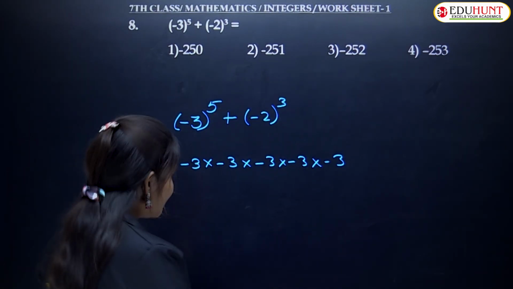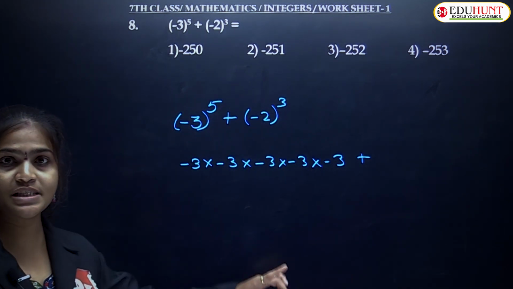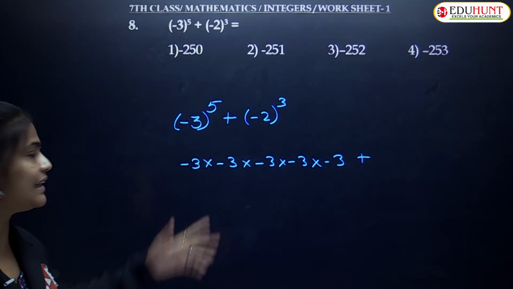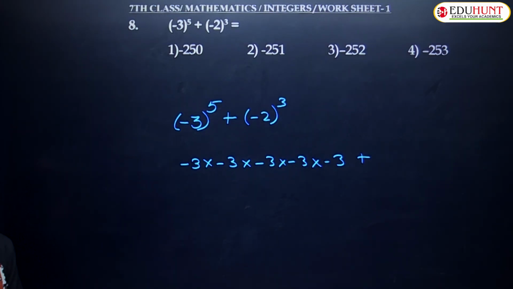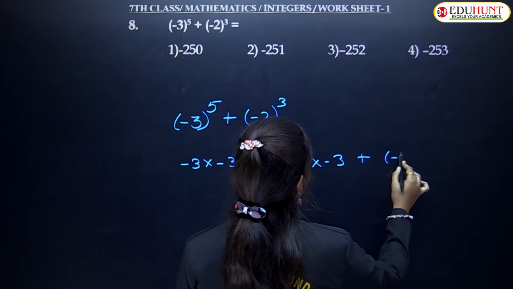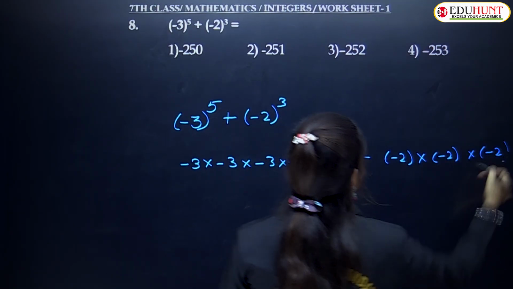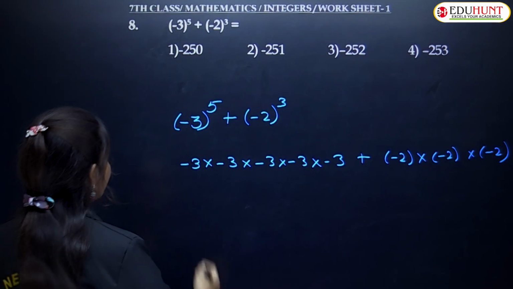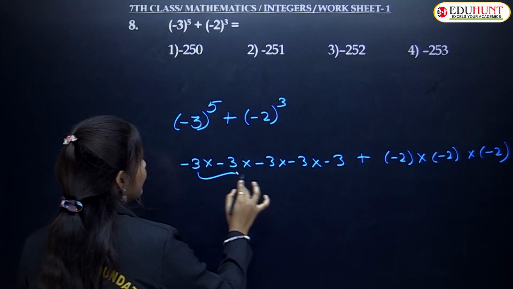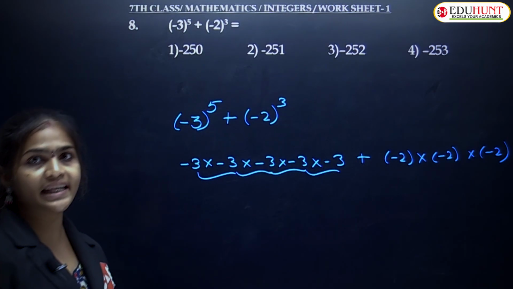Here, plus of minus 2 whole cube is there, which means minus 2 multiplied by itself 3 times. So minus 2 into minus 2 into minus 2. Clear? From this one, 3 3s are 9, 9 3s are 27, 27 3s are 81, 81 3s are 243.